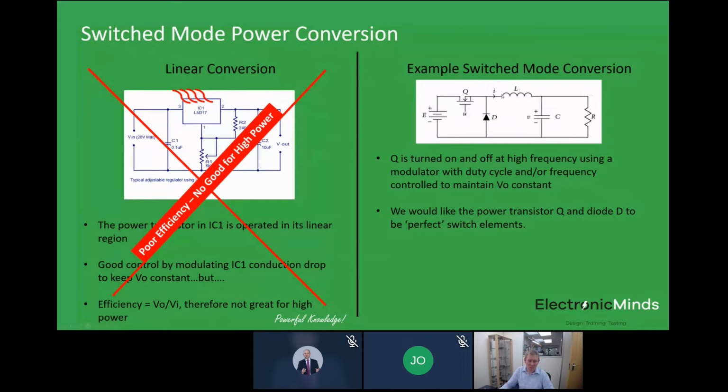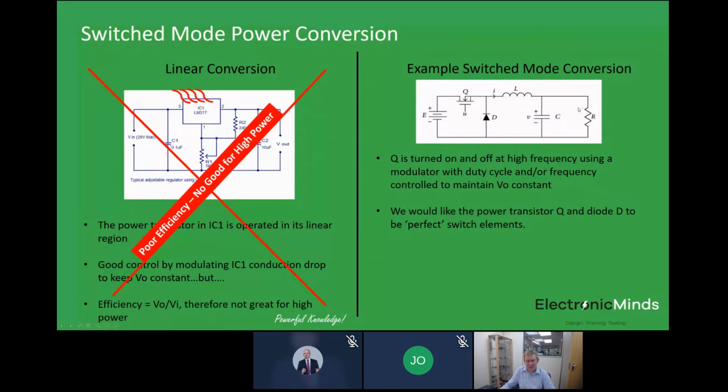Ideally, we now want the power transistor and the diode here to be ideal components or perfect elements. And I'll describe what I mean by that in a few slides' time. The rest of the circuit here is an energy store, a high frequency energy store, such that the high switching frequency generated essentially across the diode is then filtered to recapture a lower output voltage.